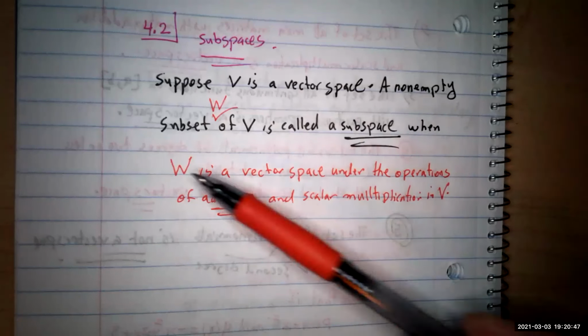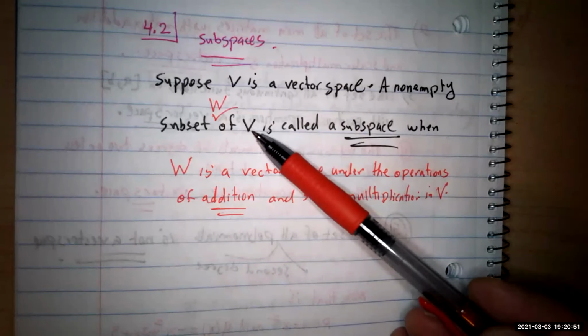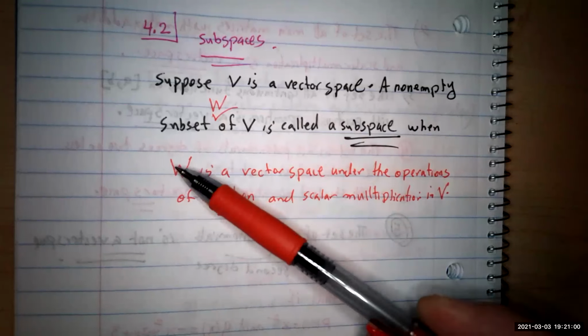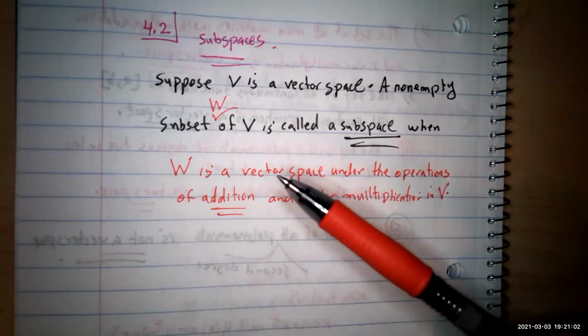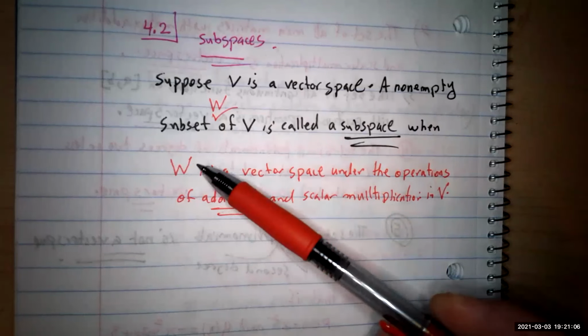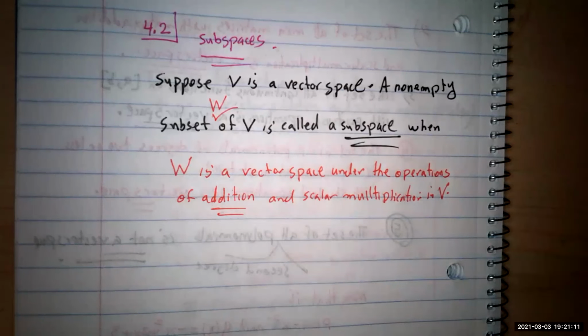When you add two vectors, the sum is always in V, the big one, because V is a vector space. But if you take two vectors from W, the sum is also in W. And if you take a scalar multiple of a vector of W, the result is in W. So by itself it's a vector space, but since it's the smaller one, we call it a subspace.